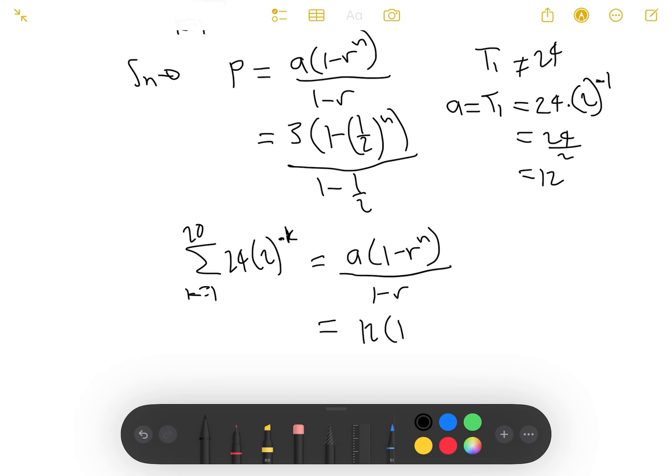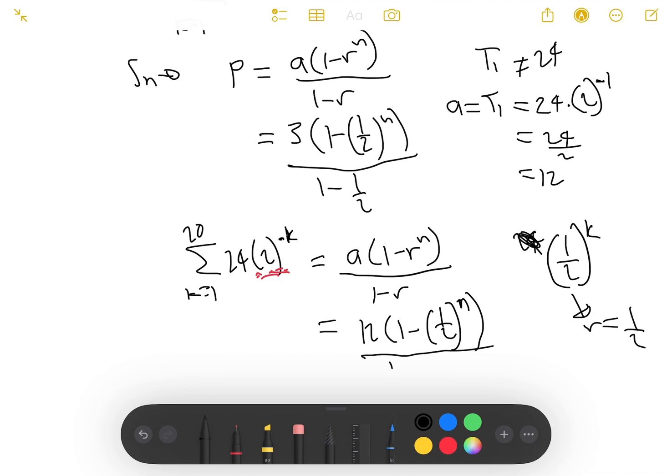And then what is our r in this case? Let's maybe just focus on the part that is the exponent. Basically, this is the same as 1 over 2 to the exponent k, right? Of which, even in this case, it means that your r basically is 1 over 2, right? So we say 1 minus half to the exponent n over 1 minus r.